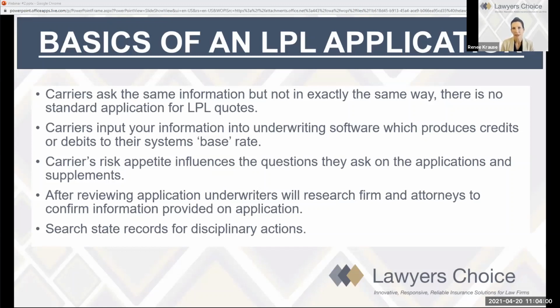They'll find out as much as they can outside of the application to help them underwrite. You may know that carriers have discretionary credits they can use on any premium, and they can apply a discount if they feel that the firm is worthy of that or merits that. So they'll research your firm to find that out, but they'll also research to confirm information.